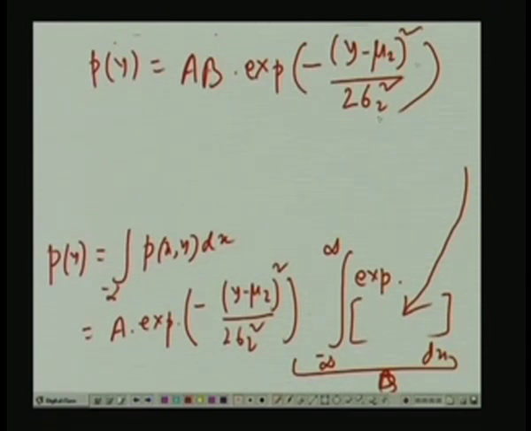And obviously this takes the Gaussian form because of this kernel, and as a result a b has to be equal to 1 by root 2 pi sigma 2, since the integral has to be equal to 1 from the Gaussian kernel.